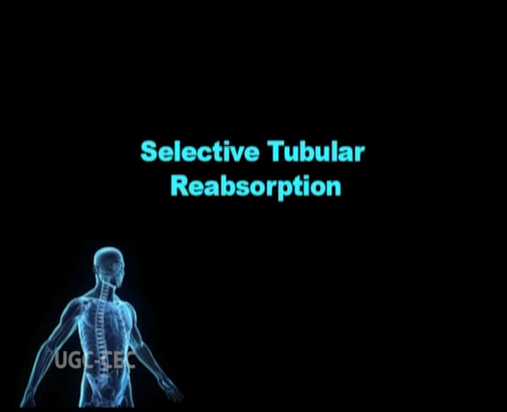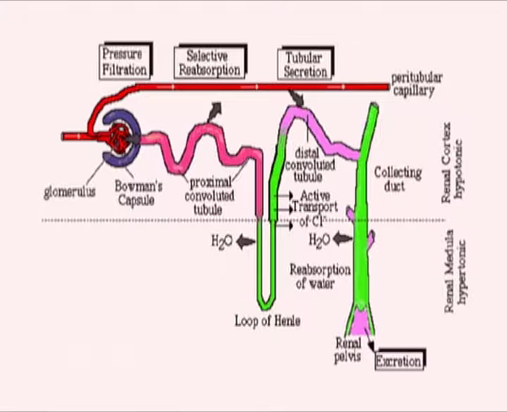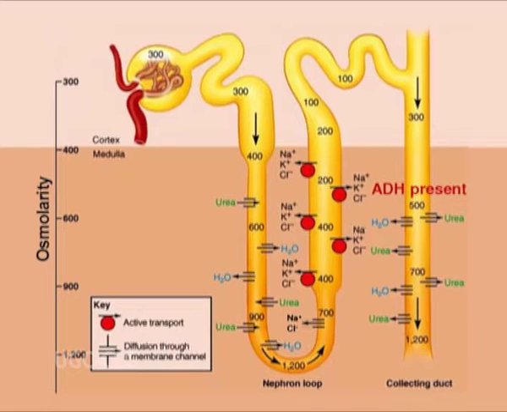The selective tubular reabsorption is the second process in the formation of urine from filtrate. Much of the filtrate passes out of the nephron tubule and returns to the blood through the peritubular capillaries. As much as 99% of the material in the filtrate is reabsorbed, preventing the loss of useful materials like water, nutrients and ions from the body.